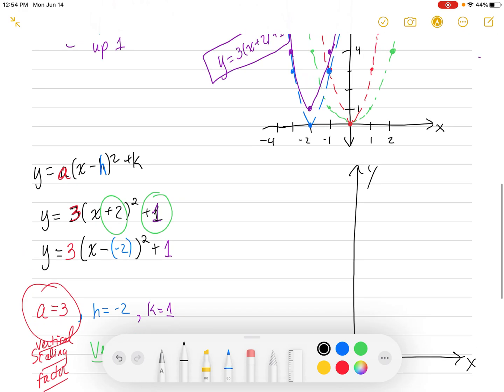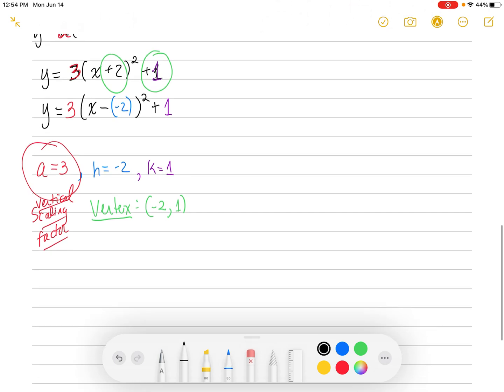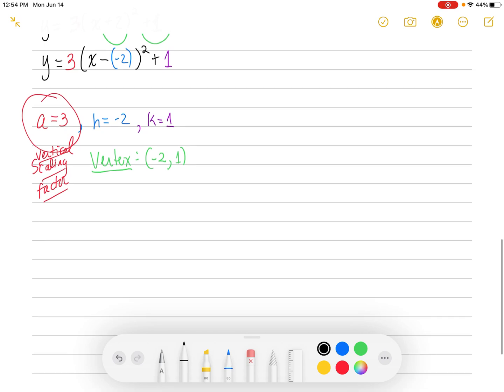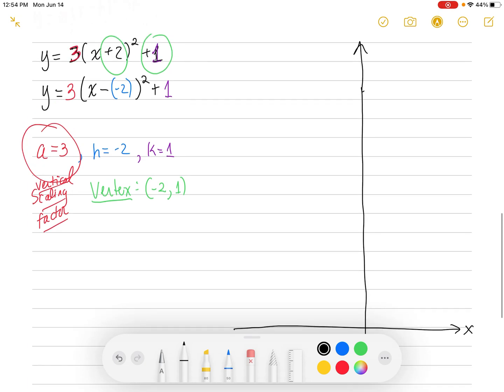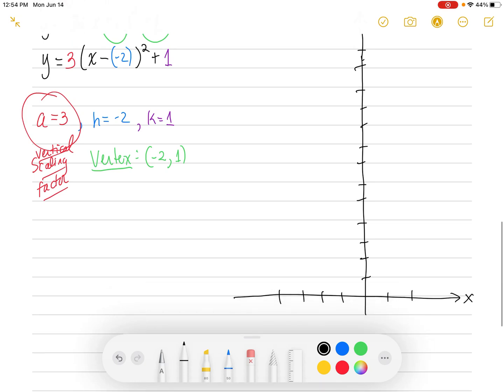Let's do this. 1, 2, 1. The question is, am I going to have enough space? I don't think so. Let me give myself a little more space. Go 1, 2, 3, 4, 5, 6, 7, 8, 9, 10, 11, 12, 13.